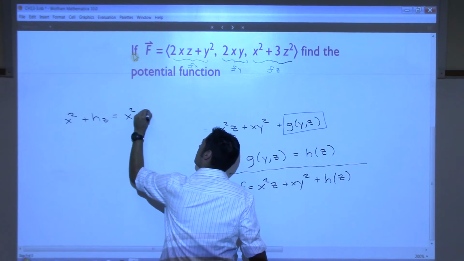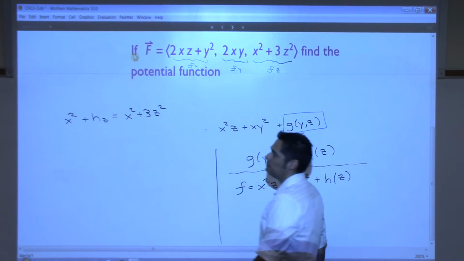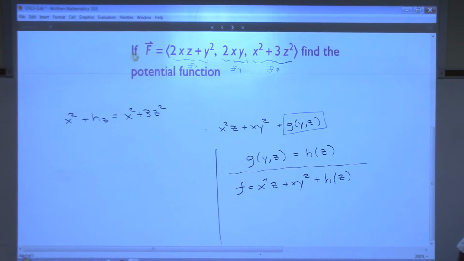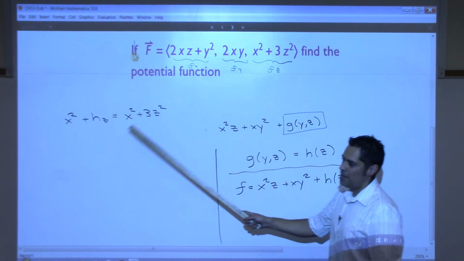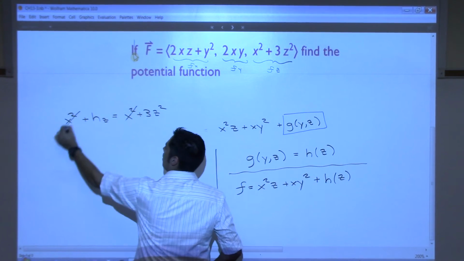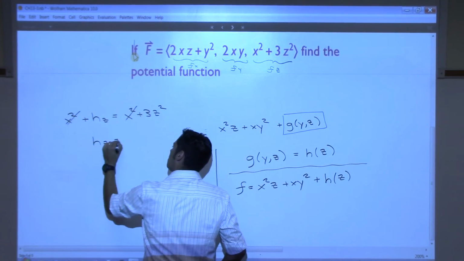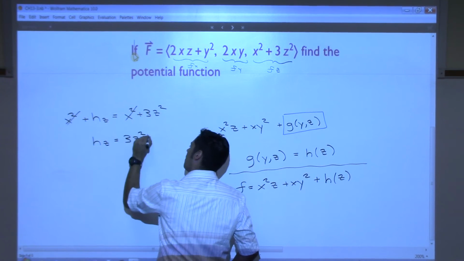X squared plus 3z squared, right? And this time we don't get 0, finally. The x squareds cancel, and you get the derivative of h with respect to z is 3z squared.